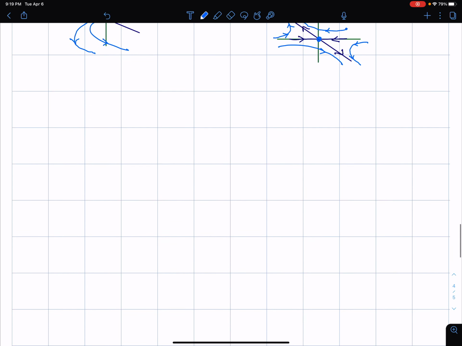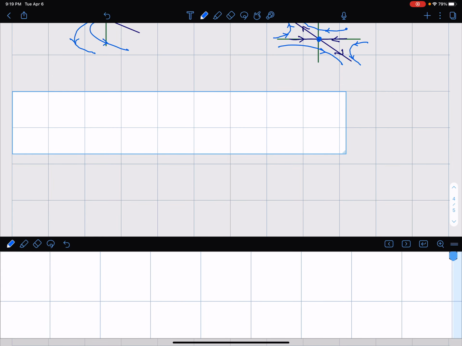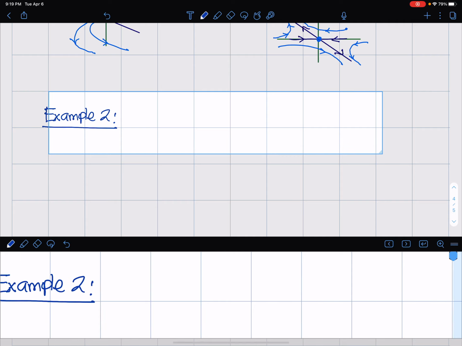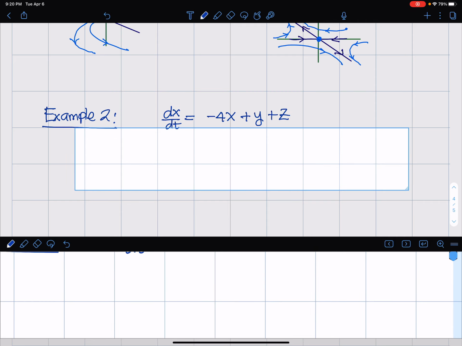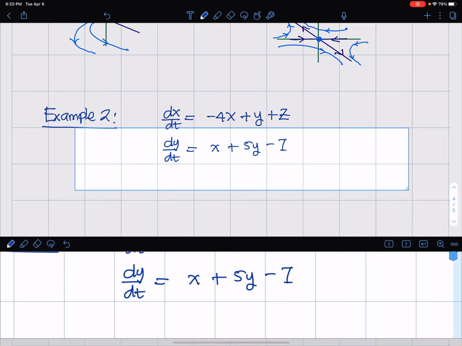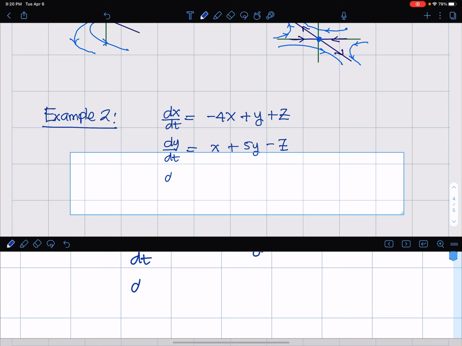Let's call this example 2. We have dx/dt equals negative 4x plus y plus z, dy/dt equals x plus 5y minus z, and dz/dt equals y minus 3z.